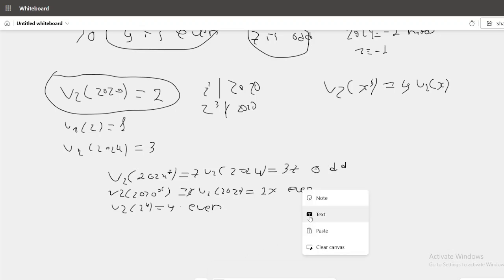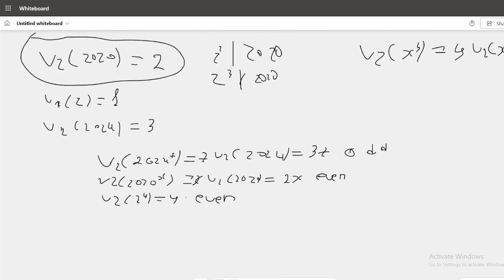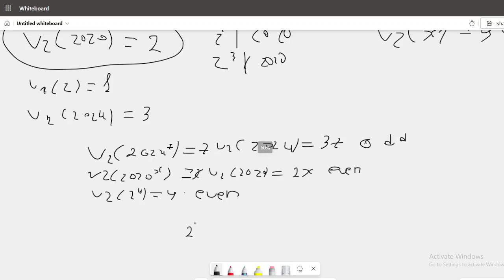So, like, you get 2 to the power of m times some k, where k is odd, plus 2 to the power of n times, let's just say, d, where d is odd too.